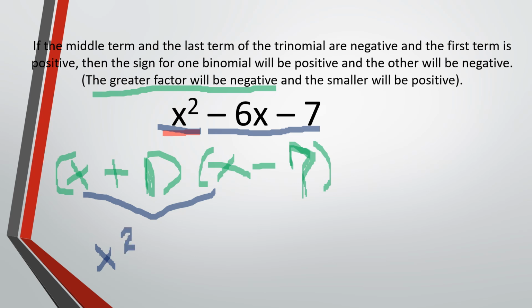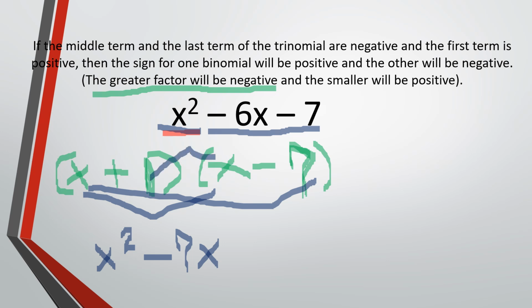If you have x multiplied by negative 7, the answer is negative 7x. If you have 1 multiplied by x, the answer is 1x, but just write only x. If you have positive 1 multiplied by negative 7, the answer is negative 7.